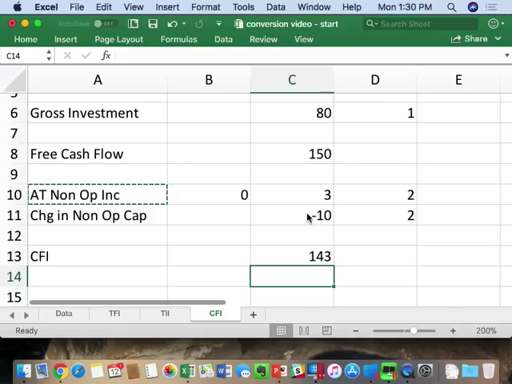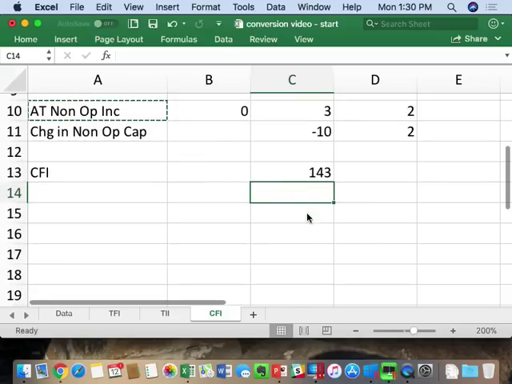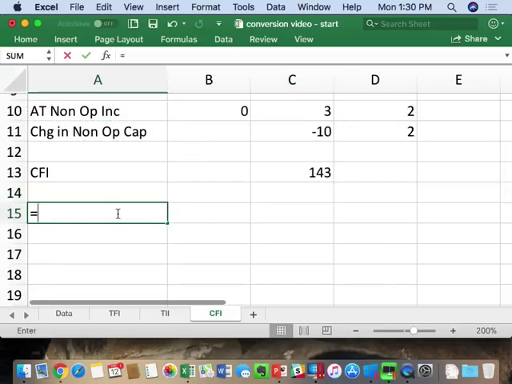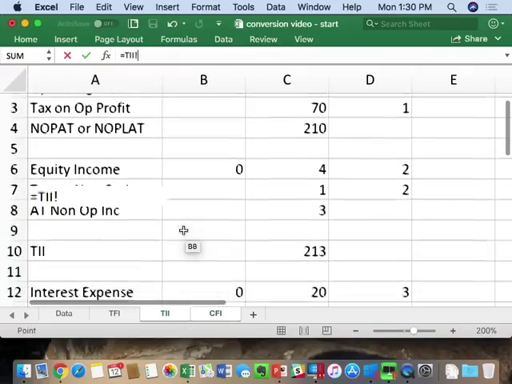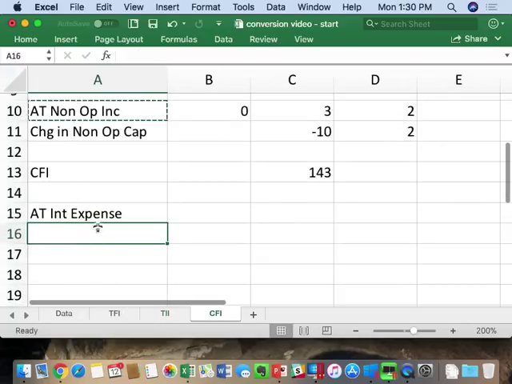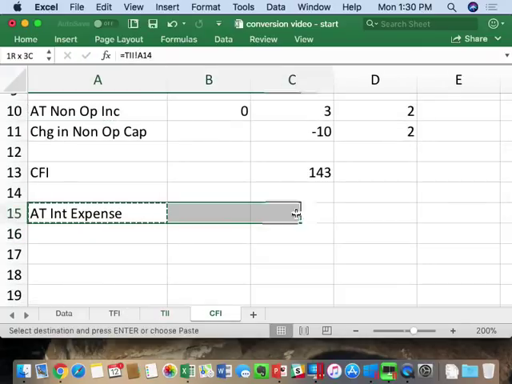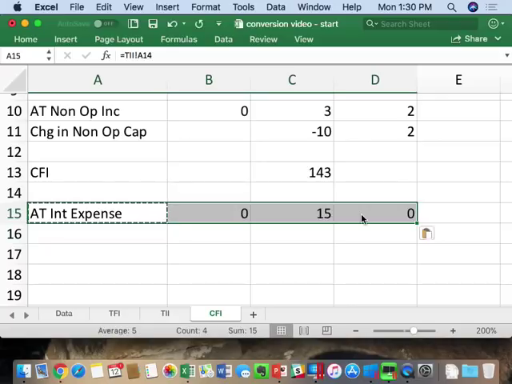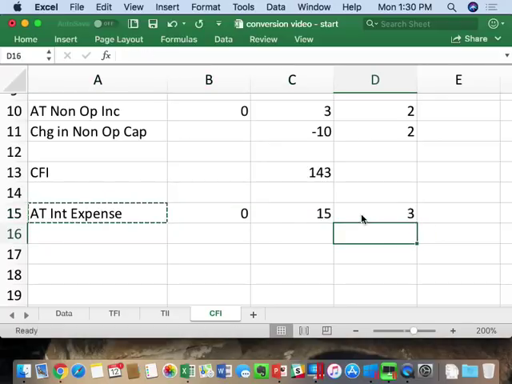Now, on the financing funds flow side, I have to balance the 143. So again, my cash flow to the debt holders, TII, is my after-tax interest expense. Of the 143 of cash I had available, I paid net of 15 to the interest expense.